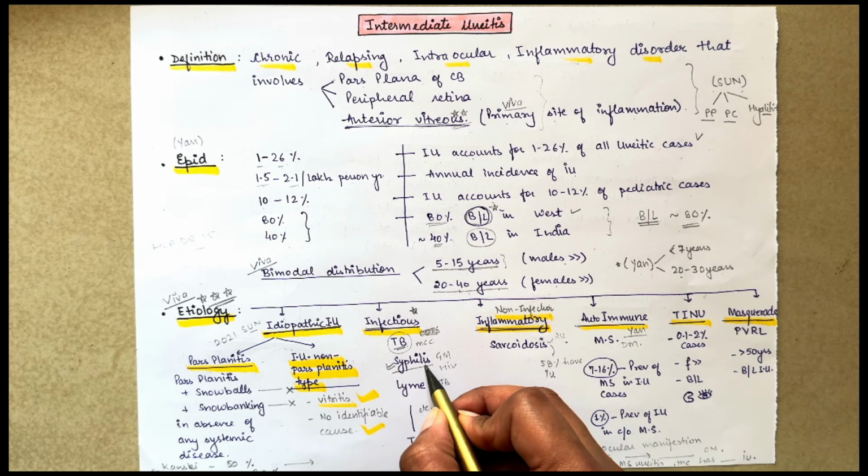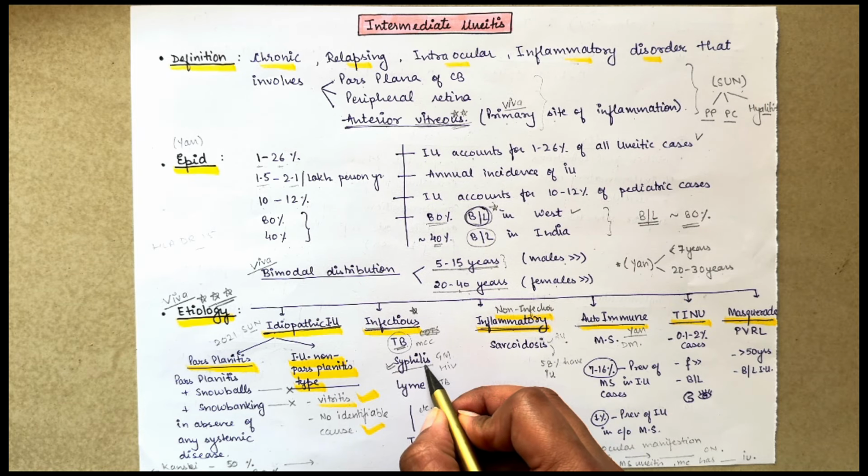Mainly examiners are fond of asking and they want to listen to these infectious causes. Others are also there: toxoplasmosis, toxocariasis, cat-scratch disease. For exams, you can write, there's a big list, but it is important that you know the basics. Now, next important part is inflammatory cause. Sometimes examiners in Viva ask, give me the non-infectious cause of intermediate uveitis, or inflammatory cause.